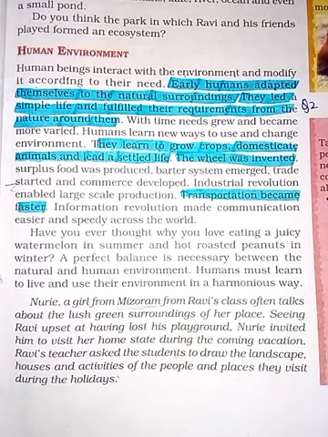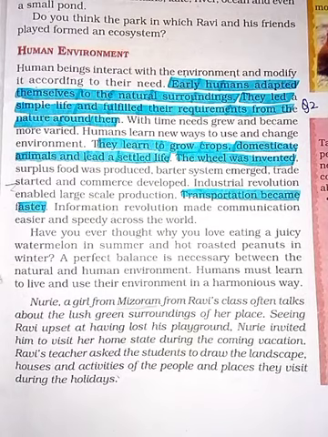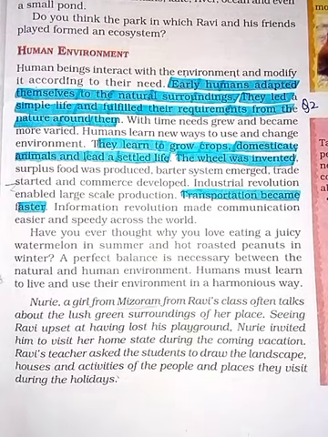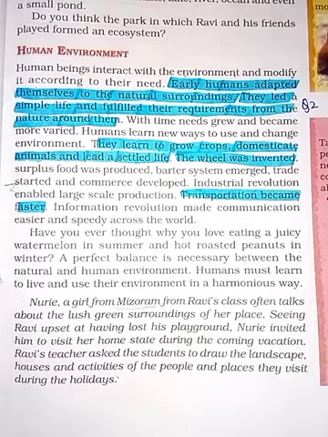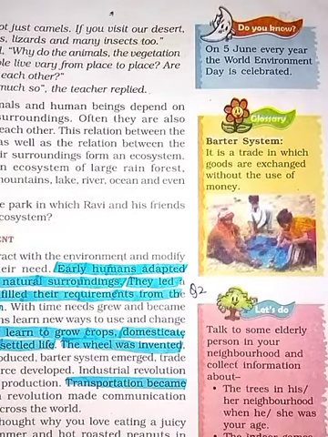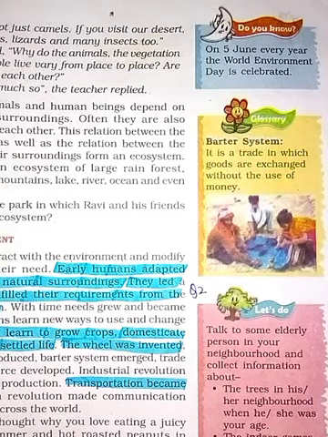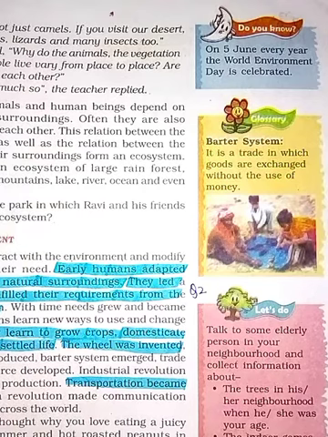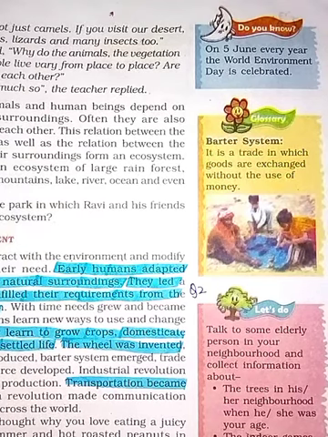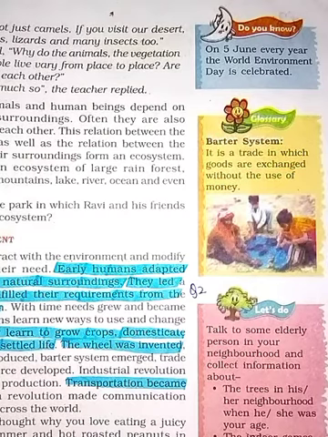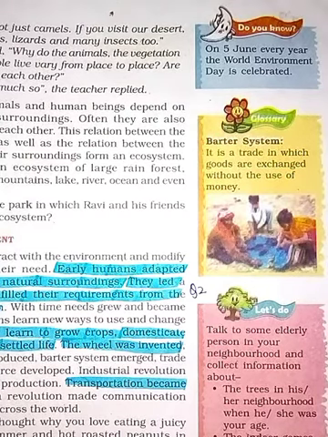Ravi's teacher asked the students to draw the landscape, houses, and activities of the places and the people they visit during the holidays. Do you know, on 5th June every year, the World Environment Day is celebrated. Barter system. It is a trade in which goods are exchanged without the use of money.